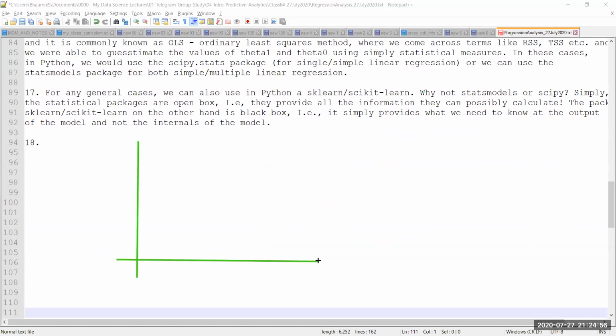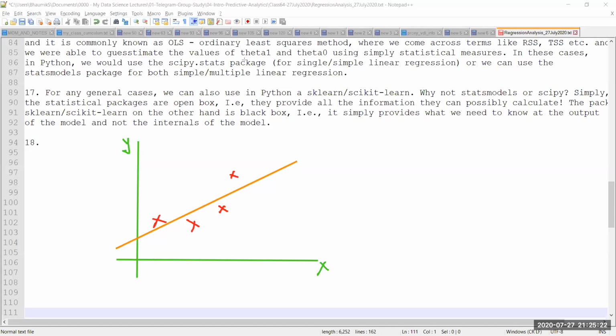So I have y and x like this. This is y, this is my x, and let's say I have some points on this graph. My scatter plot looks something like this, and I have my linear regression line, which I've already found out to be something like this. This is my best fit line.